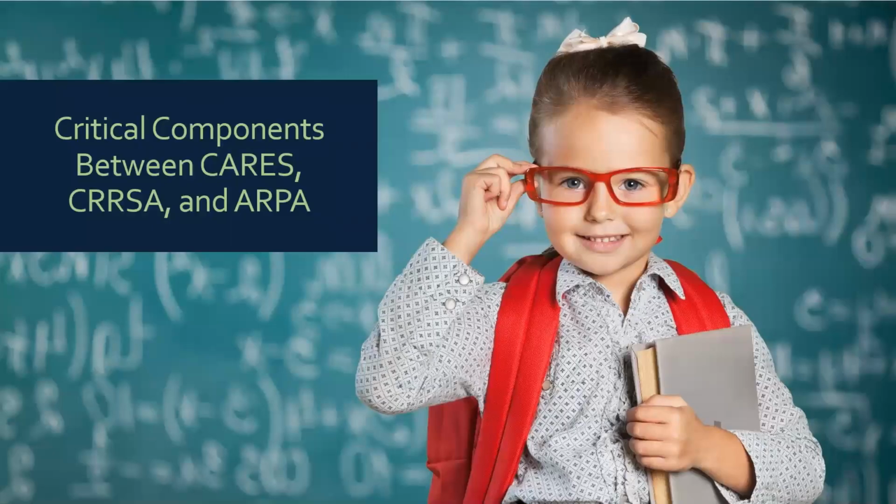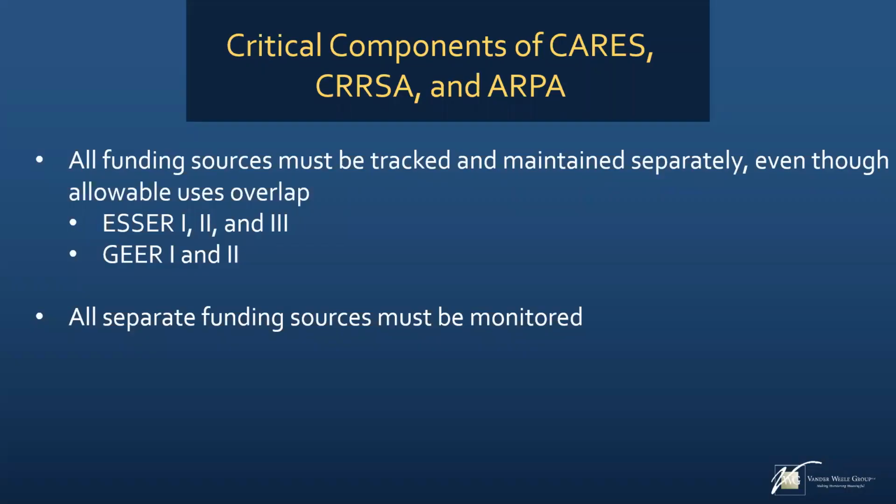So let's just talk for one quick second about the critical components of CARES, CRRSA, and ARPA. So like I said, the guiding force for allowable costs for all of these, the framework, is all the same.